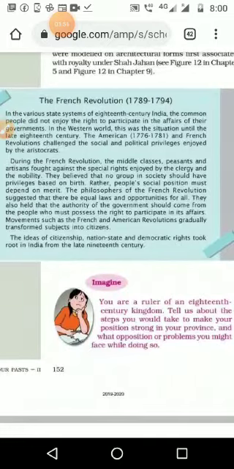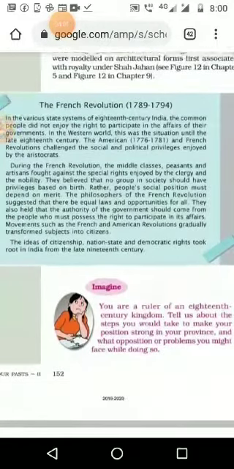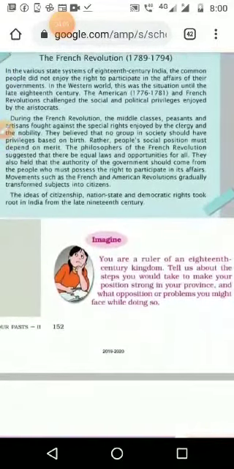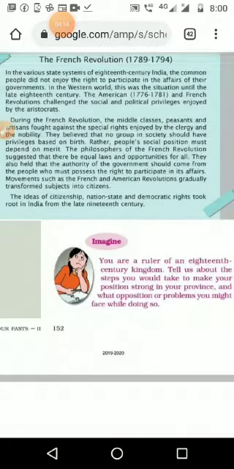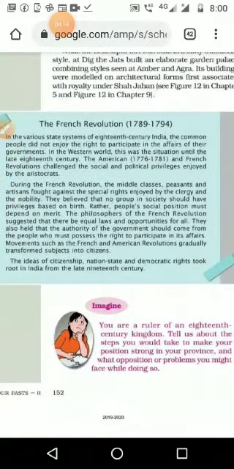Here we still continued with monarchy and kingship. But in the European continent, they started to think of the nation state, what we now call a country or nation. That thought came in the 18th century, and it started in France. We will study it in detail in 9th and 10th standard, where we study the French Revolution.